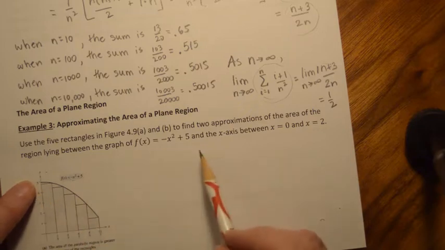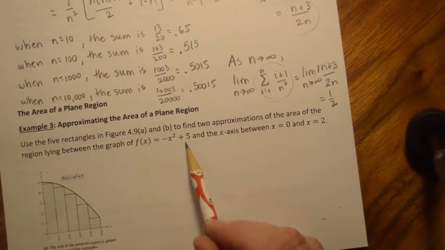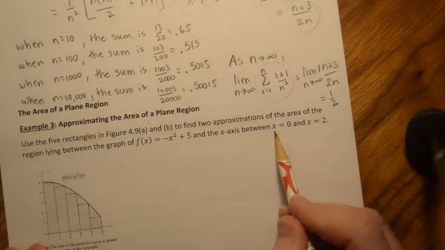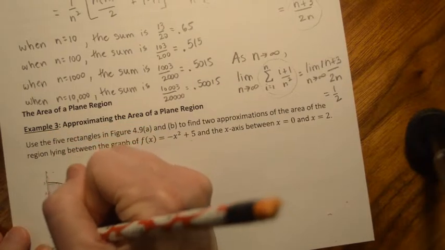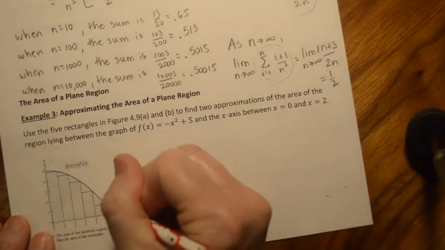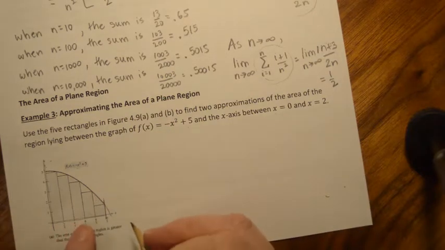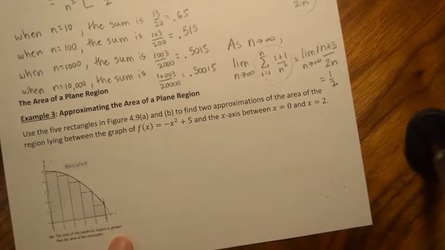So the boundaries are negative x squared plus 5, the x-axis down here, so that's as low as we're going to go, x equals 0, that's the y-axis right here, and then x equals 2. Again, notice we could continue this on to make it look more like a parabola, but we're just going to chop it off right here.